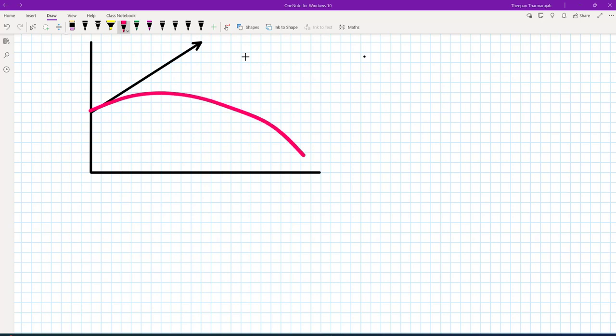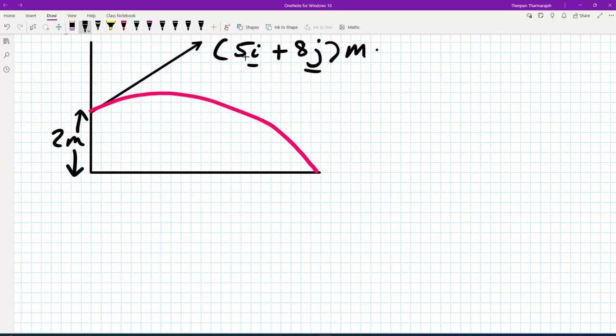Now, they tell us that this is 2 meters. We have a vector 5i plus 8j meters per second for its corresponding velocity. This is the point A, this is the point B.